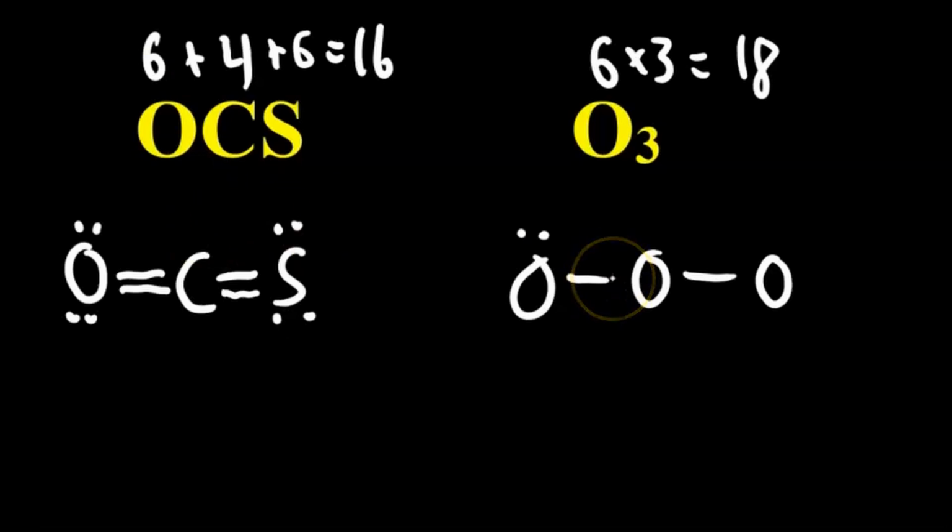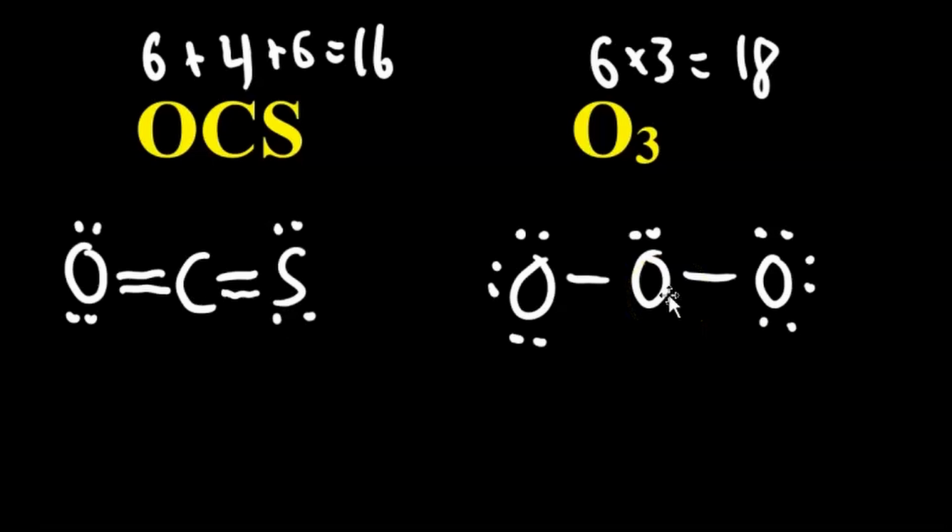We're going to add them to the periphery atoms to complete octets. So there's 6 here plus 2 in the bond, so this has a complete octet. And then we'll add a few pairs here to have a complete octet. That's 16 electrons. We need to add another 2, so we'll add them to the central atom. Any remaining electrons get added to the central atom.